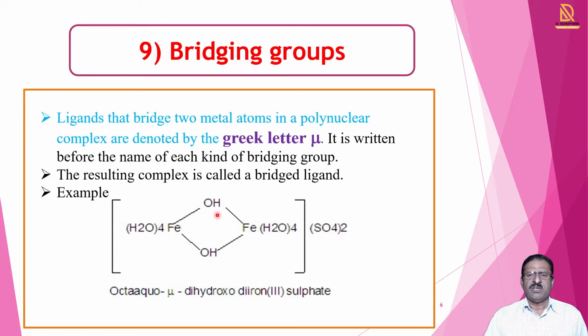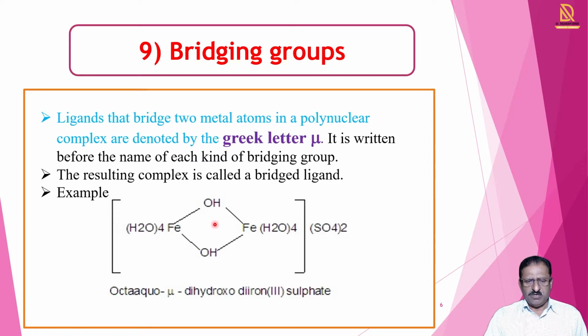When such a bridge ligand is present in coordination complexes, the ligand attached by the bridge is shown by a certain symbol, and that symbol is called mu. So mu denotes that there is a bridge ligand. Its nomenclature is similar, but we show which are the bridge ligands, and that mu is added in the nomenclature.